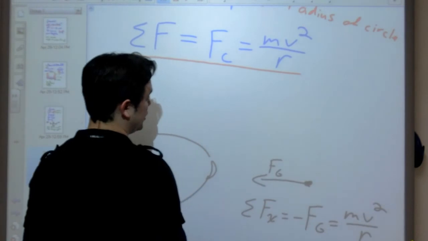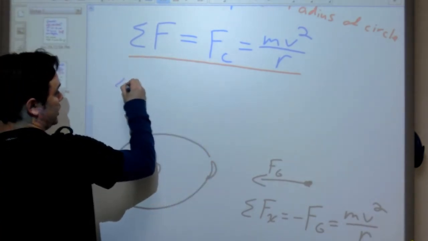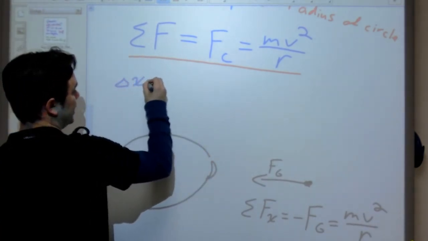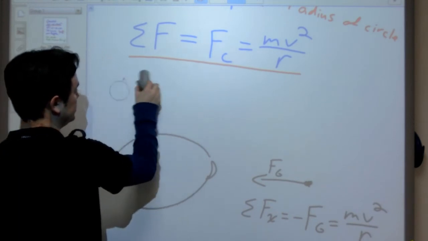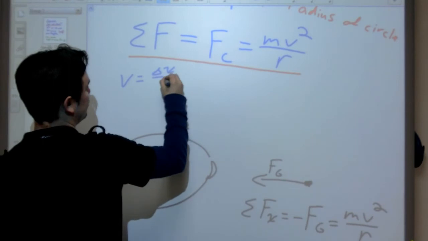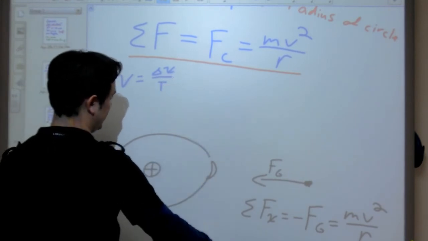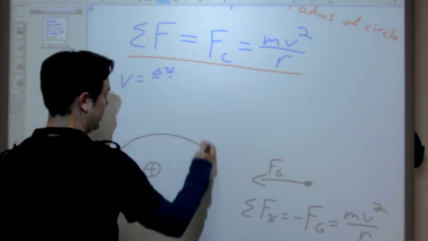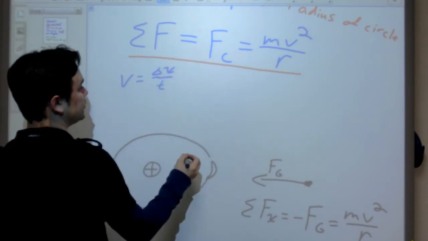That old kinematic equation, we can now actually use: v equals delta x over t. The reason that I bring this up, and I even wrote a capital T like a foolish person, is for where I'm going.